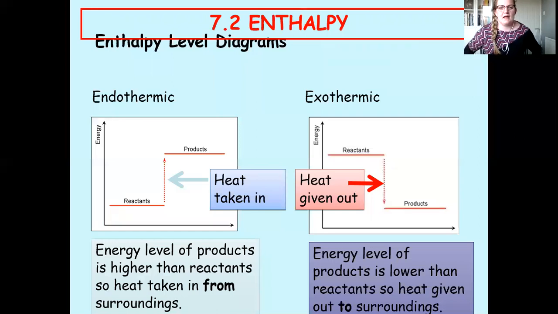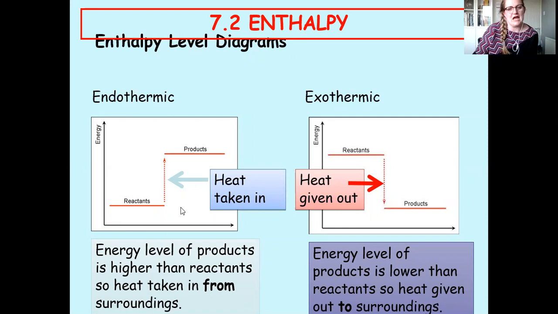So enthalpy level diagrams are actually very similar to those original exothermic and endothermic diagrams that we talk about at GCSE. So here's an endothermic one. The energy level of our products is higher than our reactants, so heat is taken in from the surroundings. So we're showing here heat is being taken in, so we have our reactants here, the lower amount of energy.